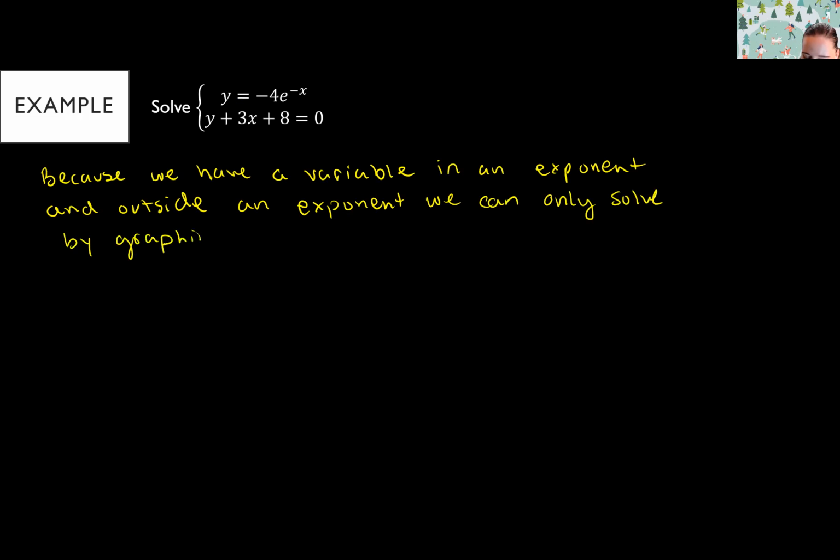If I tried to do the substitution here, it's already solved for y, so I would be replacing y with negative 4e to the negative x. And then you have this plus 3x plus 8 equals 0. When you're trying to solve for x, you would have to take the natural log to get the x out of the exponent, but then you end up with this natural log of x from the 3x.